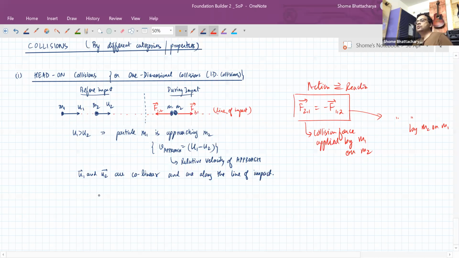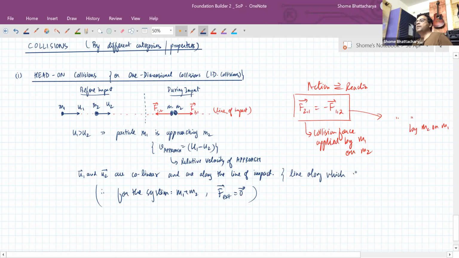And that is why you can see that, therefore, for the system that is M1 plus M2, the external force is 0, because these two forces cancel in action-reaction pairs. So U1 and U2 are collinear and are along the line of impact. What is the line of impact? The line along which the impact forces act.